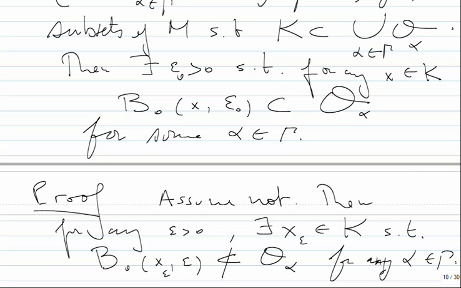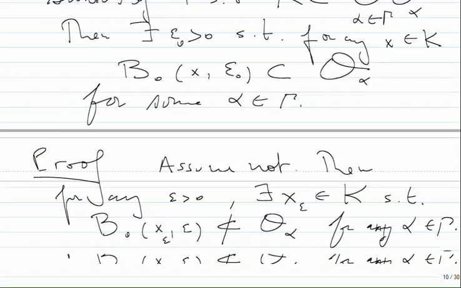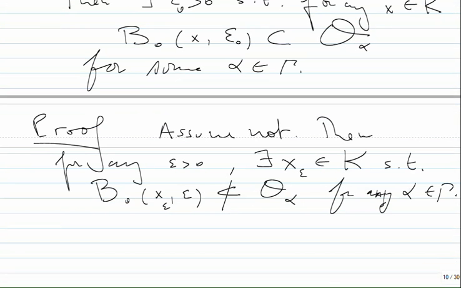So no O alpha will cover the open ball centered at x epsilon with radius epsilon. So let us take epsilon equal 1 over n.